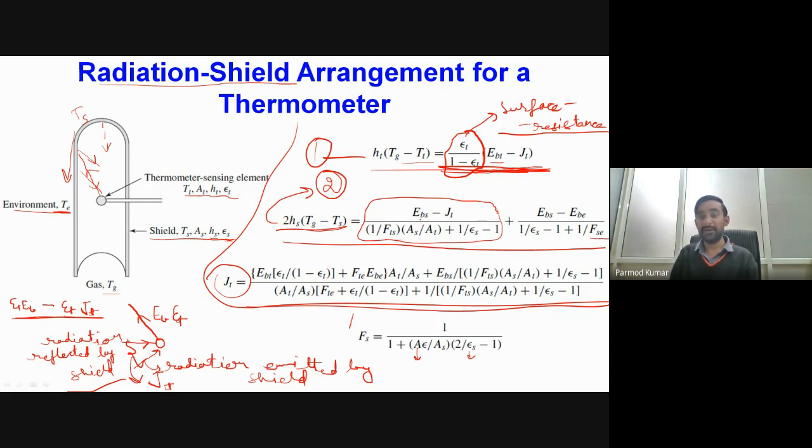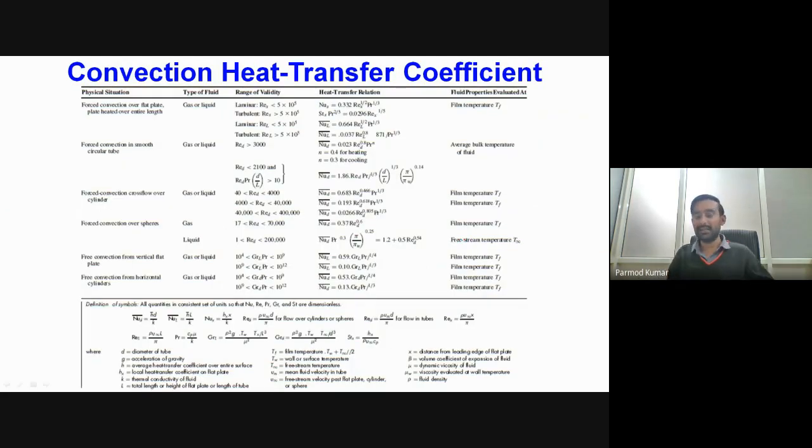Okay, if we have to exactly include the effect of radiation, then obviously you have to solve these two equations, and while you are solving these two equations, you have to solve them simultaneously with the help of some numerical technique. Okay. Now, these are the different values of typical convective heat transfer coefficients which are encountered in different physical situations.